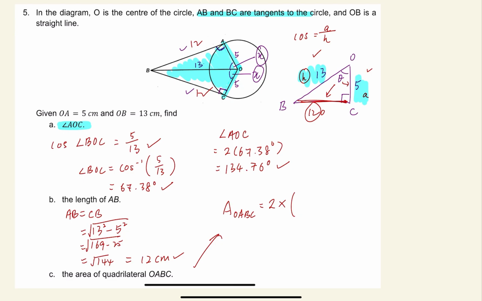The area of a right angle triangle is going to be half multiplied by the perpendicular length. In this case, you will get your 12 and 5 to perform your multiplication. After your simplification, you should get 60 as a whole, and don't forget to put in your units, right? So the answer for this part is going to be 60 square centimeters.